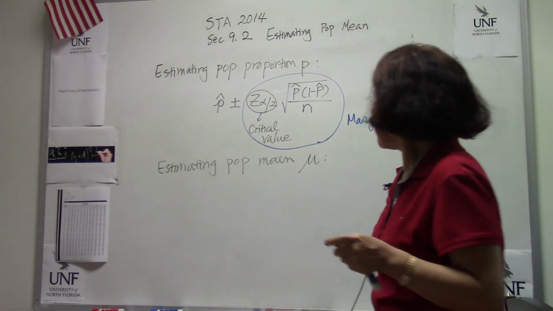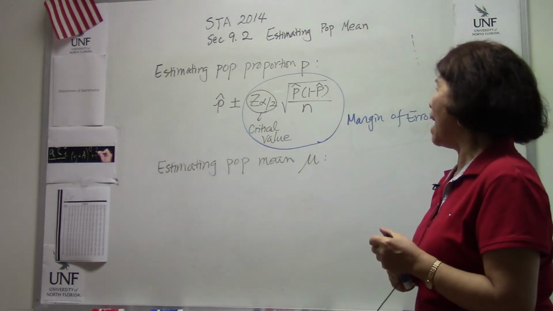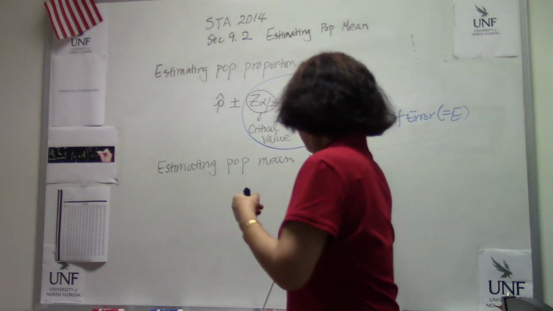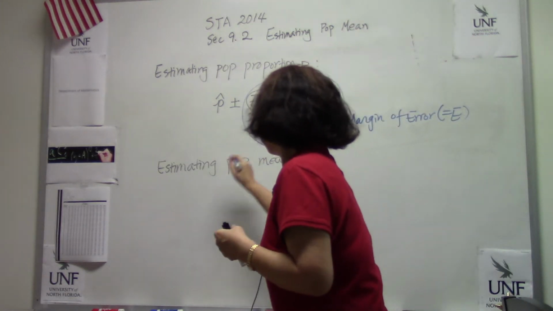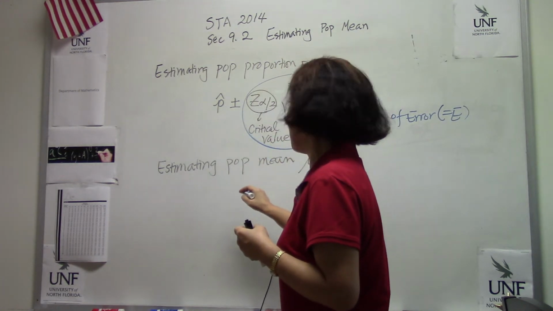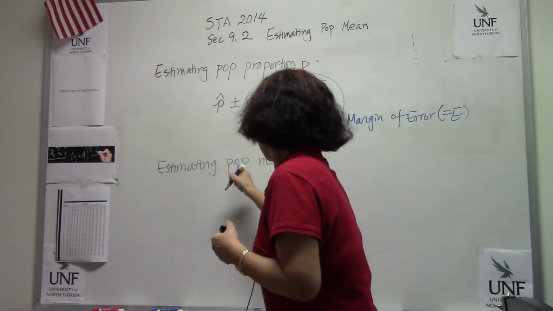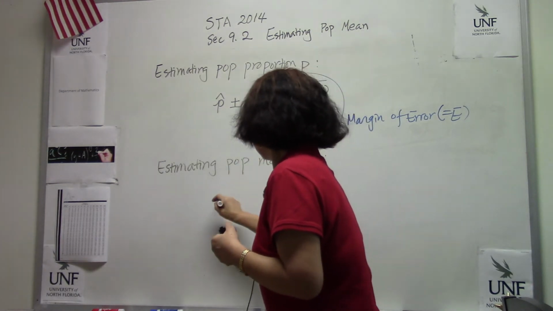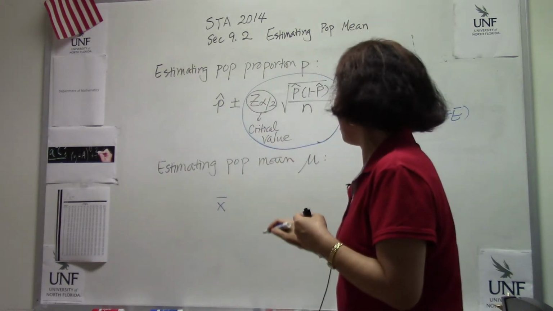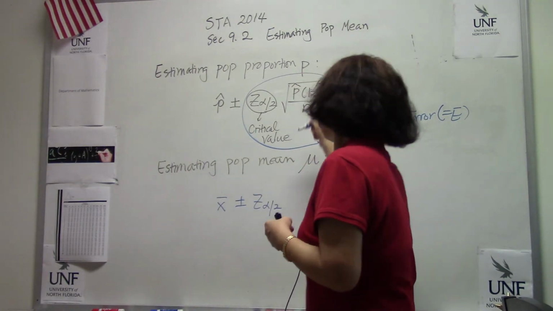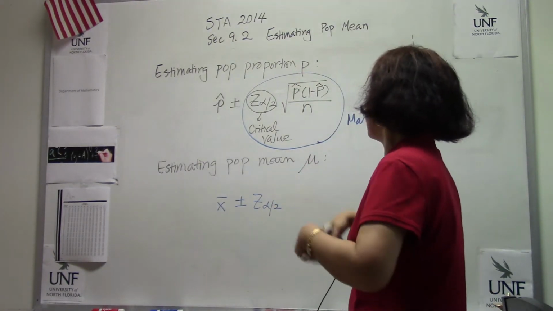So, estimating population mean, I want to copy this. What's the big deal? This is my plan. Whether you tell me that it's going to be correct or not, I'm going to start with the population mean. So we have a sample mean x bar, plus minus z sub alpha over 2, and we keep the same language of confidence level.